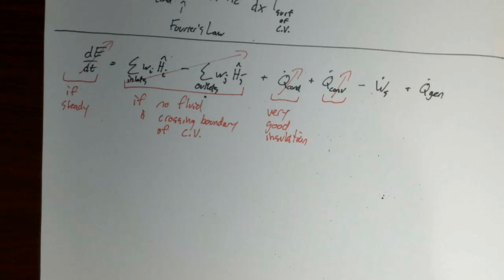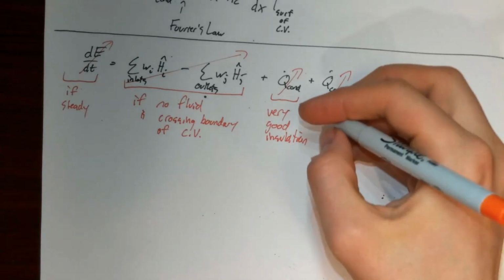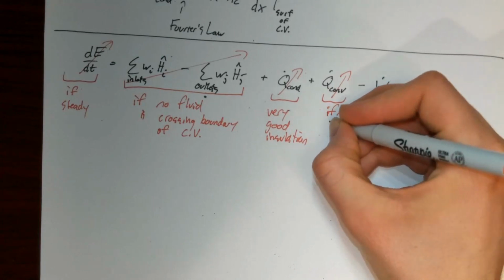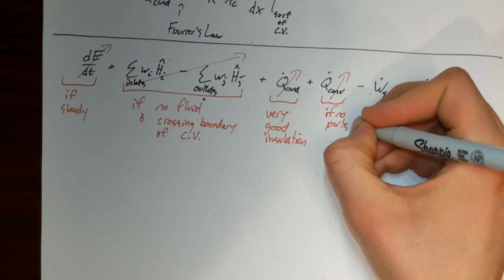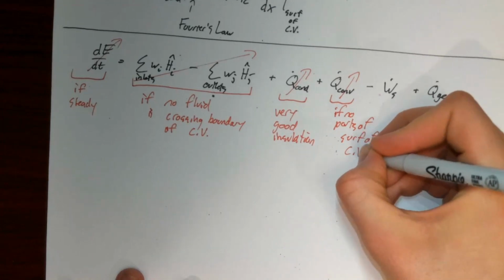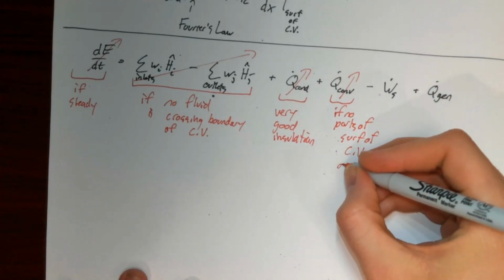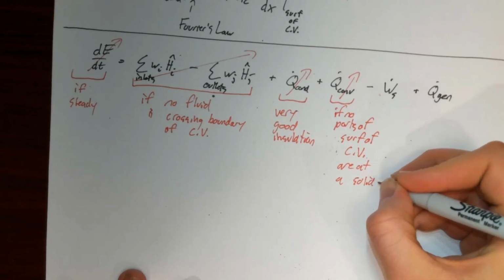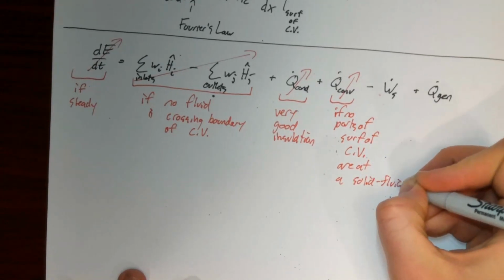This surface convection phenomenon is basically, if no parts of the surface of the control volume are at a solid fluid interface.